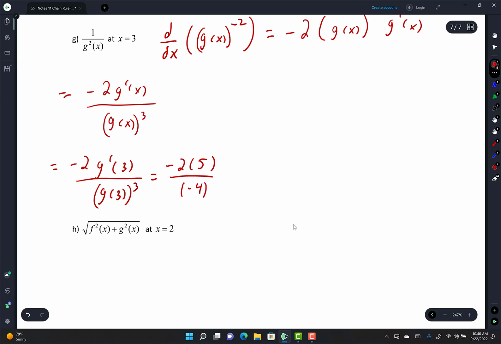Negative 4 to the third power. You can actually leave it like that, but it's going to be a positive. 2 times 5 is 10, and that's 64. So that reduces, negative divided by negative, and it goes into 5 over 32.